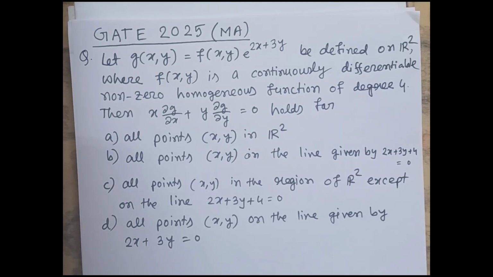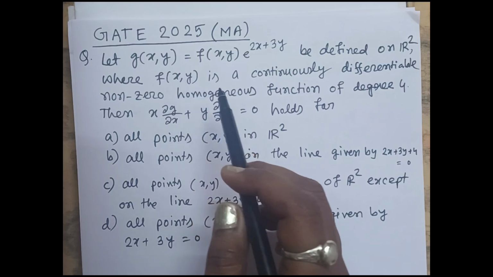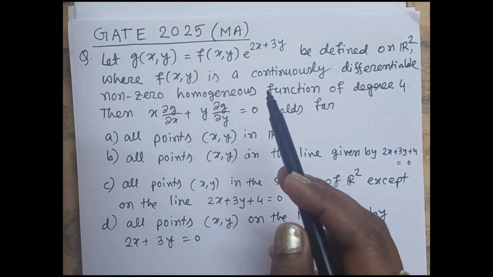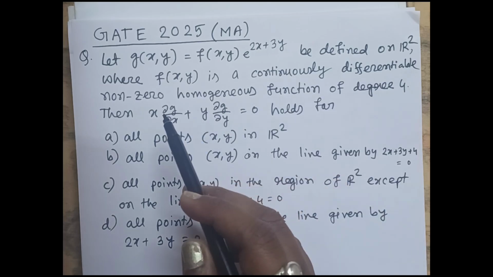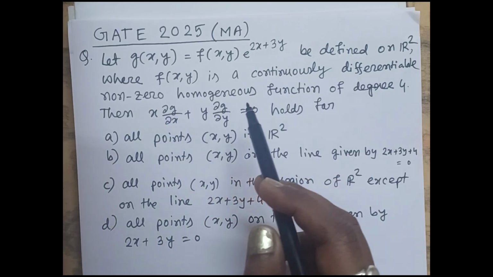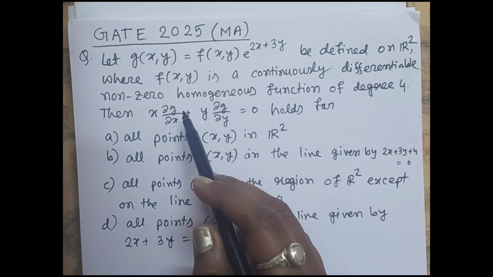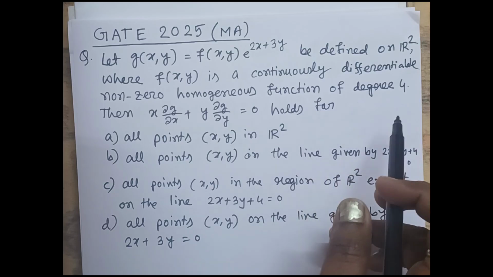The question is: let g(x,y) = f(x,y) e^(2x+3y) be defined on R², where f(x,y) is a continuously differentiable non-zero homogeneous function of degree 4.